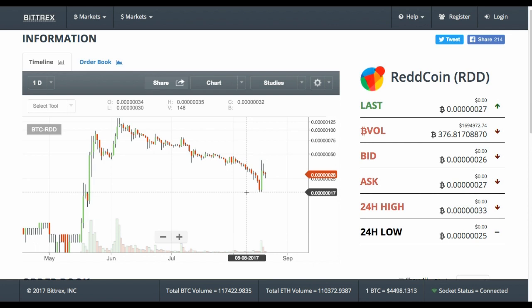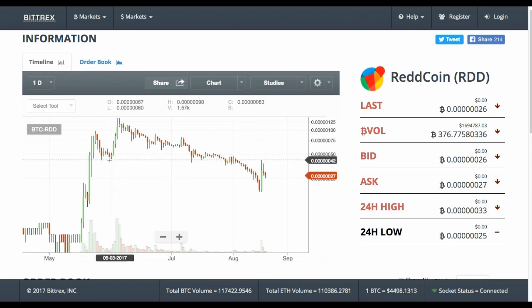We've broken down to 17, which does match up with this little area right here. Is this the low? Could quite possibly be, particularly seeing as we've seen this nice little rise back up just recently from 17 all the way back up to 42, which is now a resistance level, previous support, but now resistance right there.